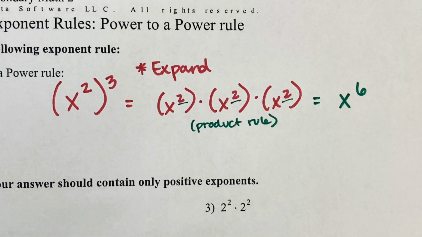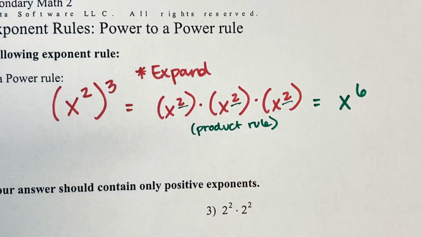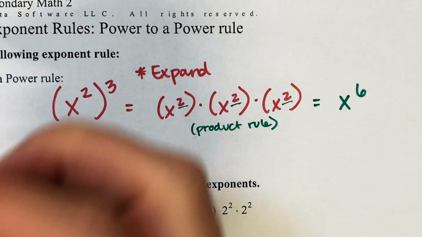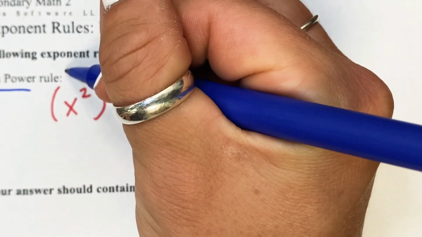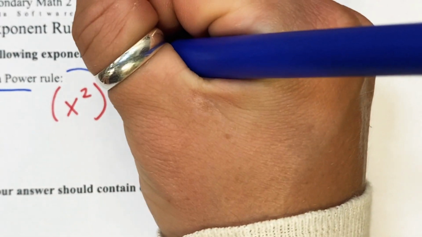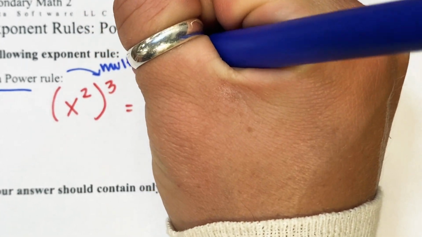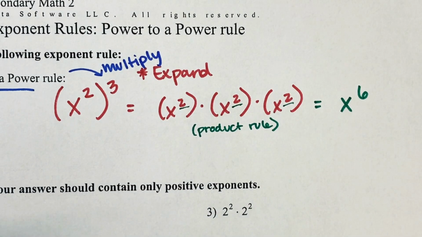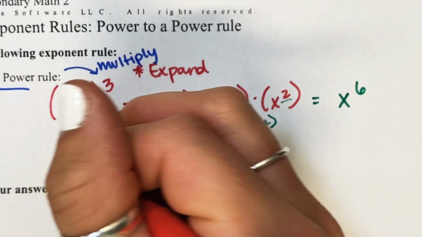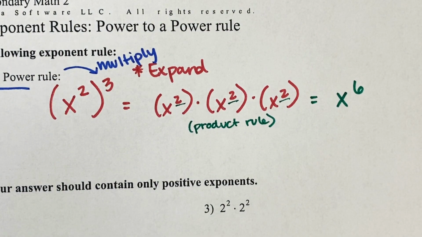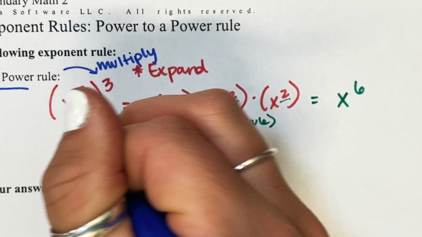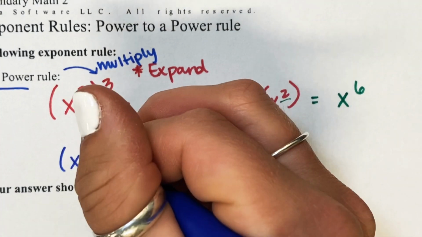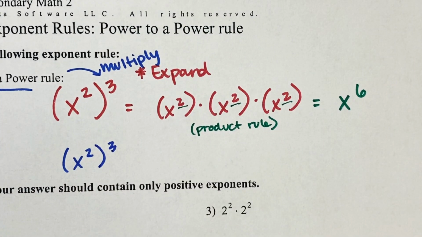But if you want the quick and easy way, think multiply. Whenever you see power to a power, you're going to think multiply. Meaning, I have x squared to the power of 3, or cubed.